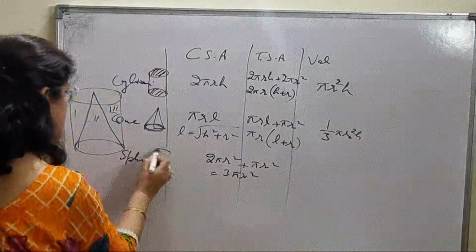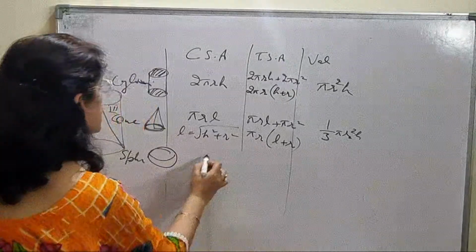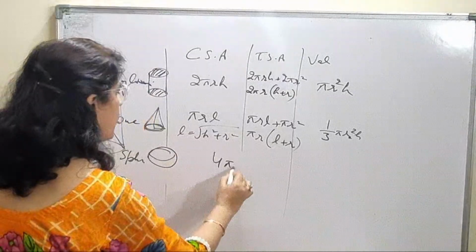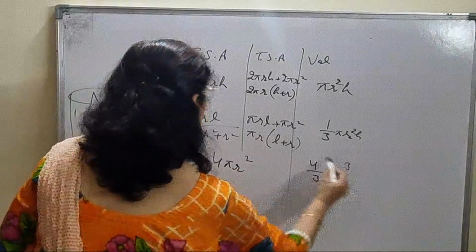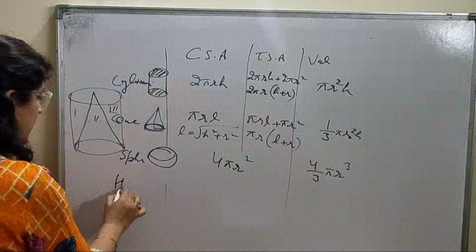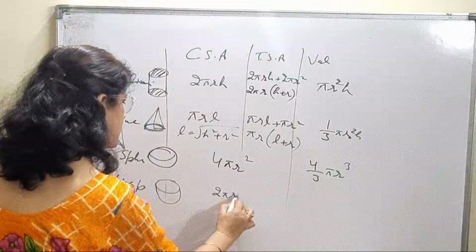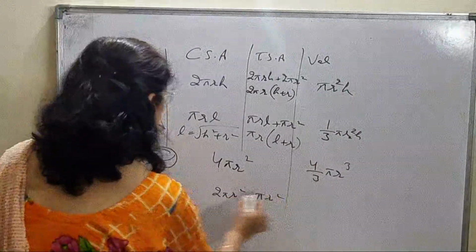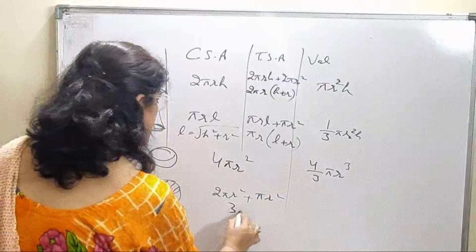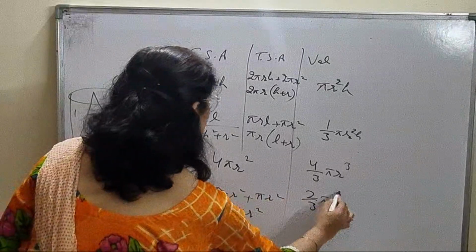Now, if this is a sphere, a full figure, then the area should be 4 pi r square, and volume will be 4/3 pi r cube. For a hemisphere, the curved area is 2 pi r square, and if this surface is covered, then you need to add 1 pi r square, because this is also circular, so 3 pi r square. And for volume it is 2/3 pi r cube.